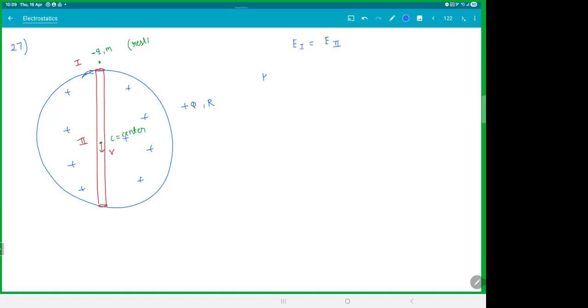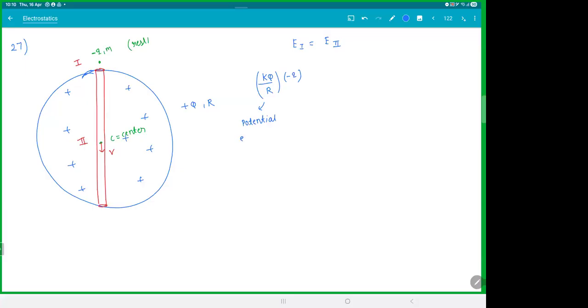Potential energy, what is the potential due to the solid sphere? Kq by r into minus q. This is the potential on the surface due to solid sphere. Remember, that's how you write energy now. Instead of mgh, or half kx square, or whatever we wrote for potential energies, now we are writing this thing.